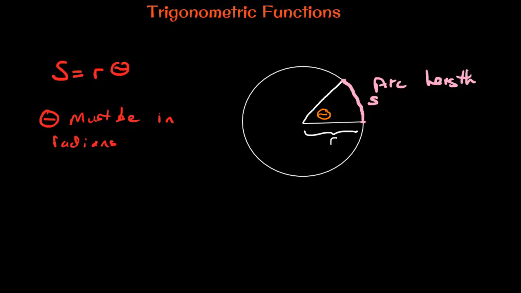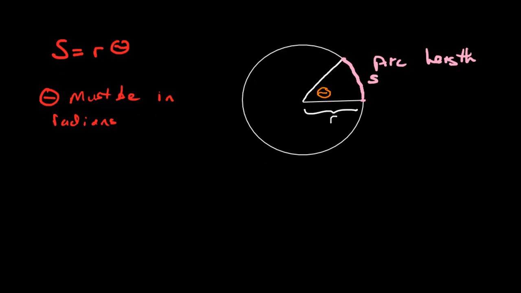Let's define these terms. First, pi radians is equal to 180 degrees. So every time we see the term pi, we should be thinking 180 degrees.